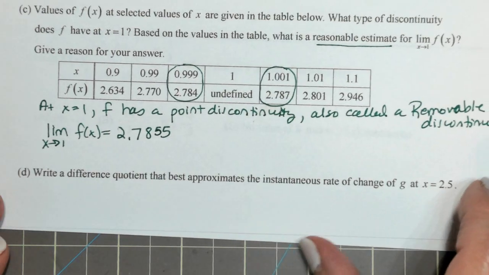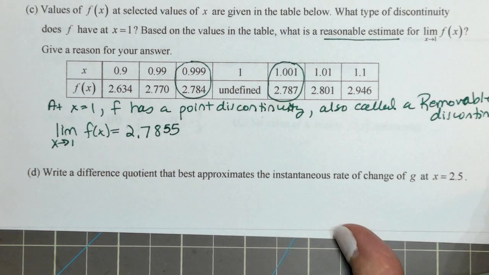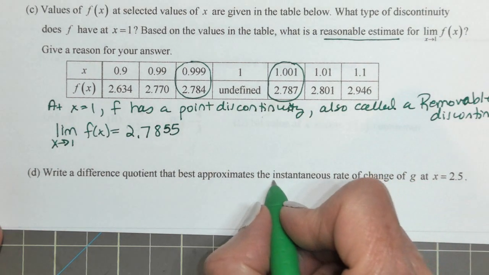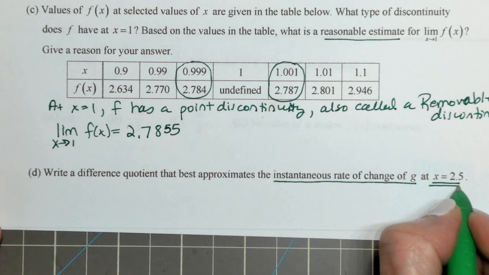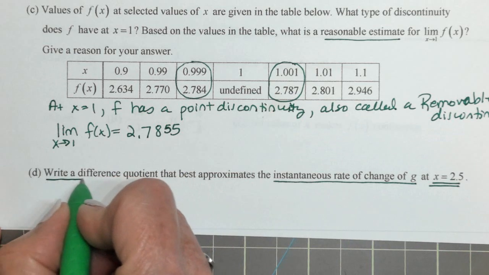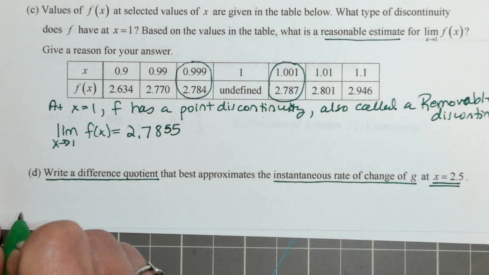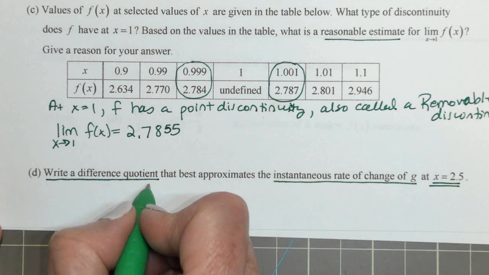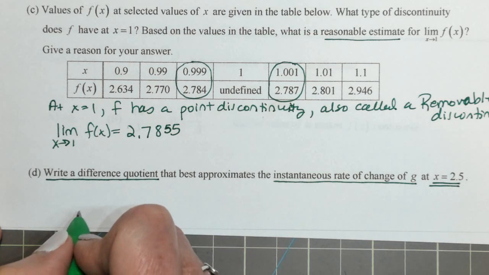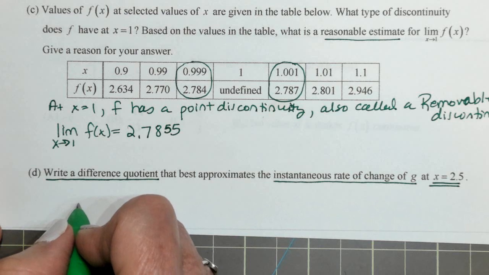Write a difference quotient that best approximates the instant rate of change of g at x is equal to 2.5. It's been a while since we've written a difference quotient. A difference quotient is just a quotient where the top and the bottom have a difference in them. That's all a difference quotient is.